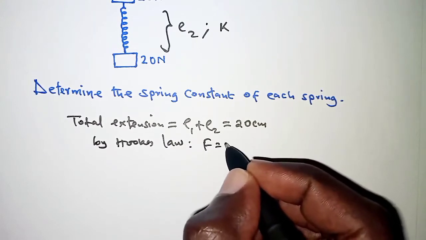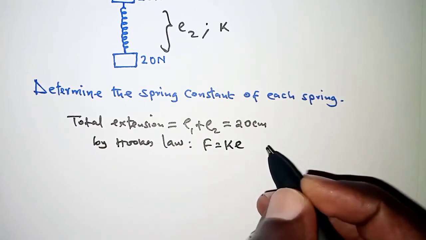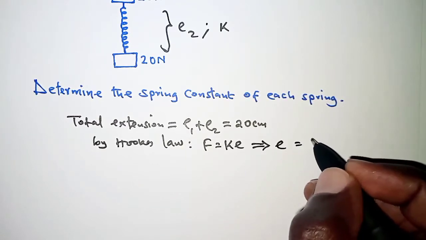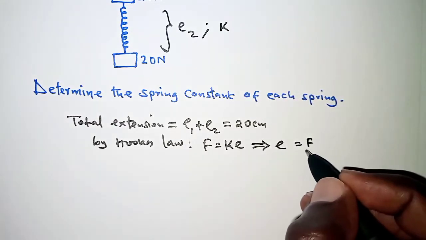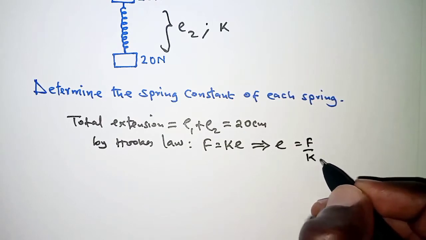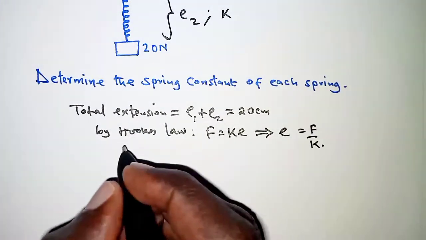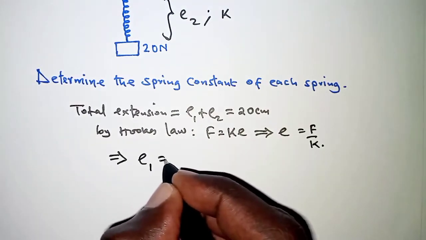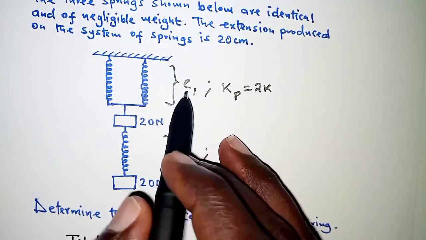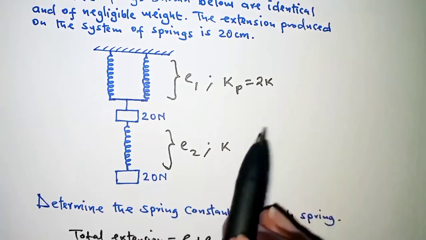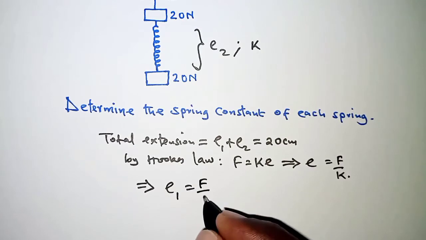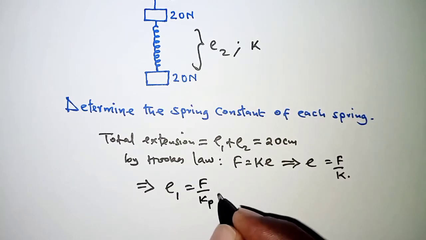force is equal to the spring constant times extension, and therefore extension is equal to force over K. That also implies that E1, the extension for the first part, is given by force over the spring constant, so that is force over Kp.